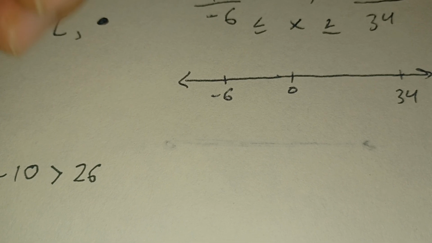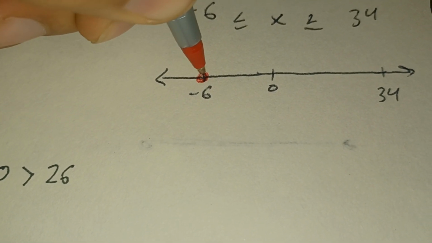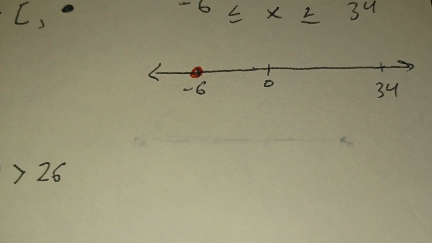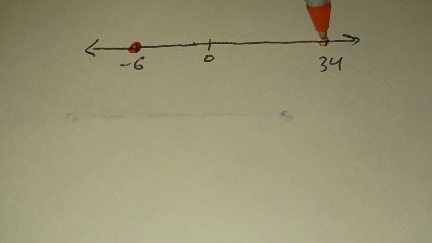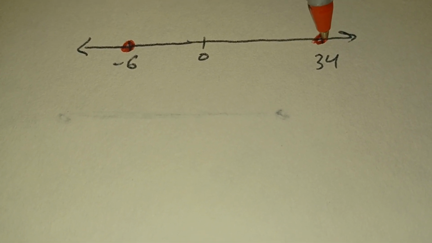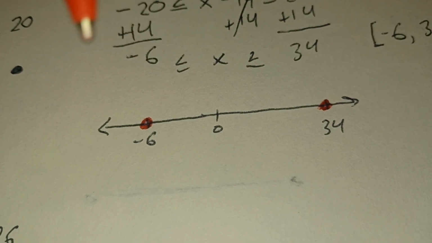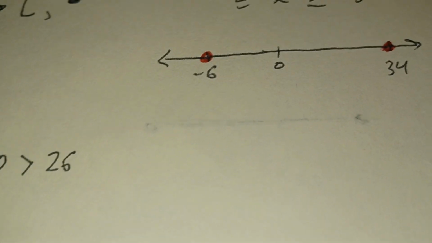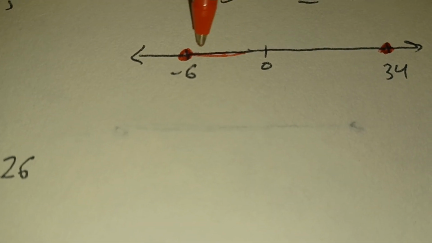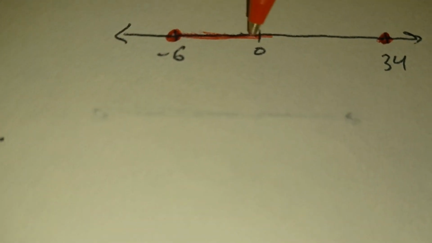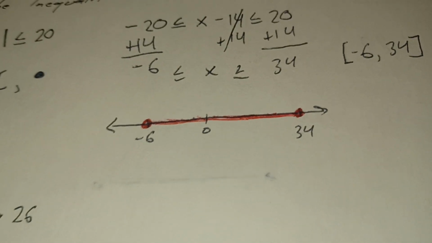So you go to negative 6 and mark it with a closed circle. You go to 34 and mark 34 with a closed circle. And since x is in between these two values, you shade in between negative 6 and 34, like that. So that is how your graph is supposed to look.